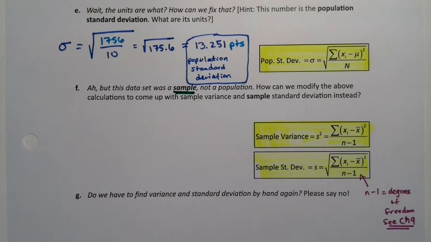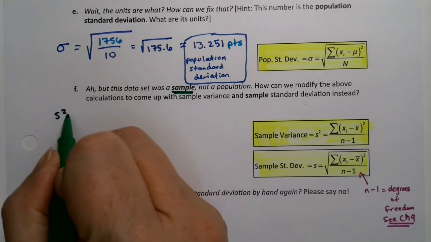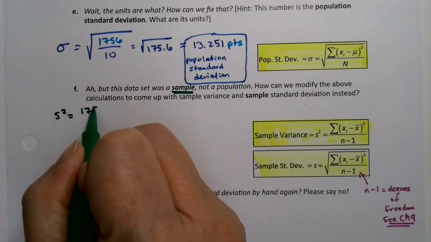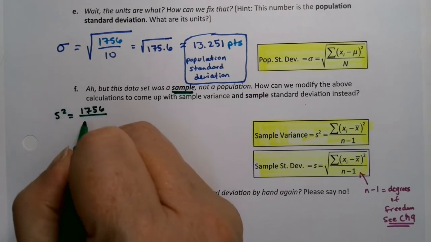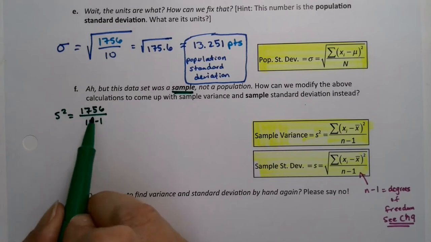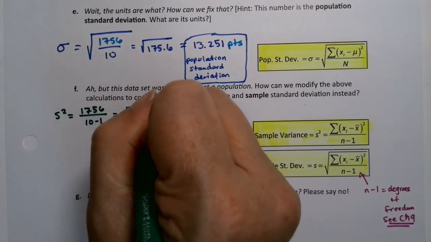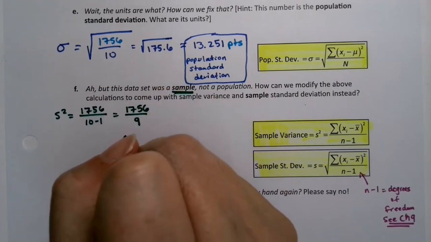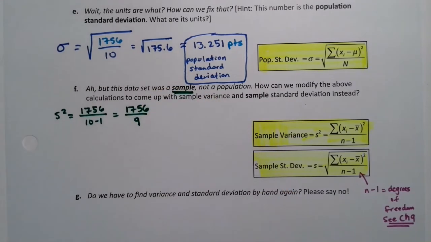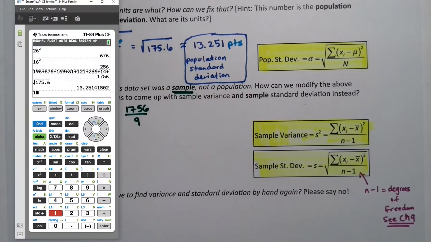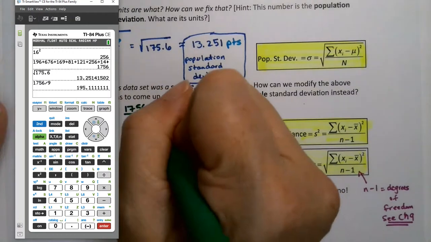All right, so this data set was a sample, not a population. So what we do is take the 1756, so let me do this, s squared. Instead of dividing it by 10, you divide by 10, take away 1. Now remember that division sign is a grouping symbol. So what you're doing is 1756 divided by 9. All right, so if I grab a calculator, 1756 divided by 9 gets me 195.111.